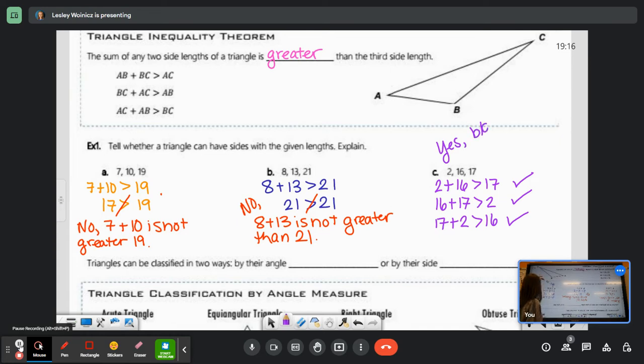Because each sum of two sides is greater than the third side.